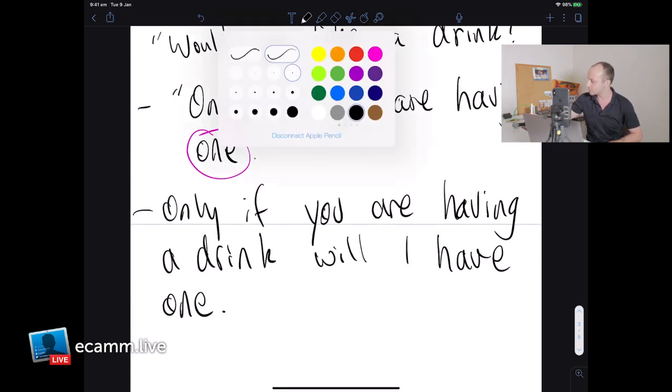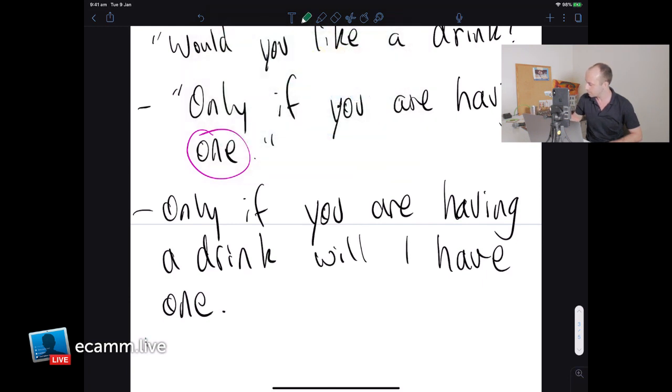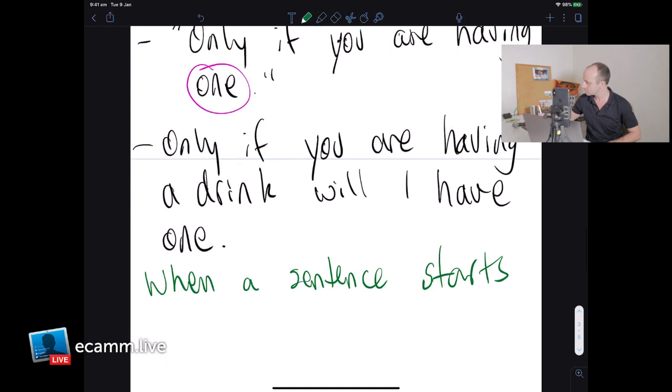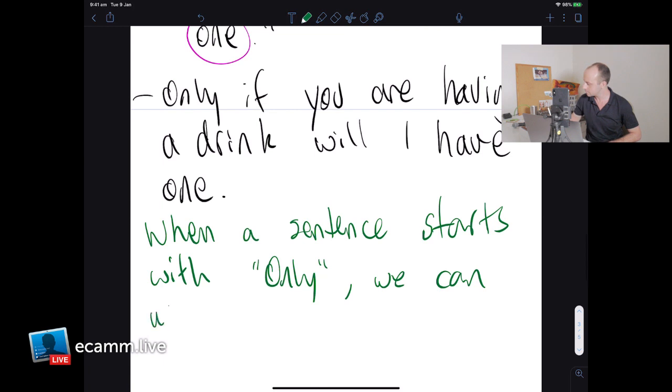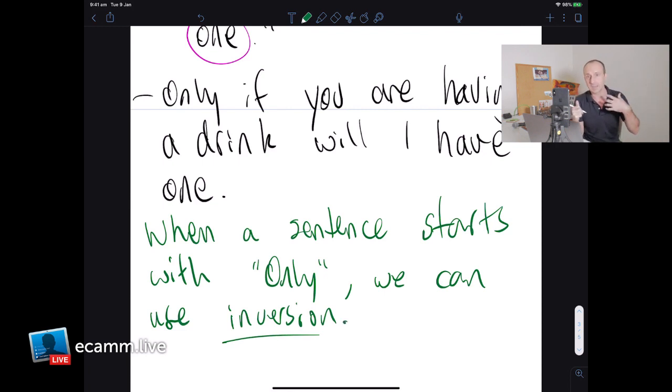And that is because when a sentence starts with only, we can use inversion. That's swapping the subject and verb inside the conditional. Cool?